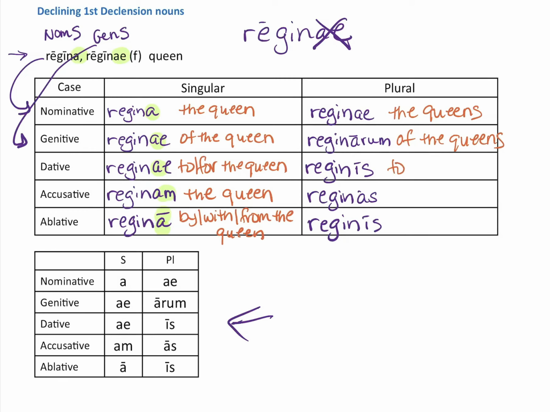This would be to or for the queens. This next one would be the queens. And yes, you're going to write these down until I tell you you don't have to do it anymore. So by, with, from, same English word, the queens. And that is all there is to it.